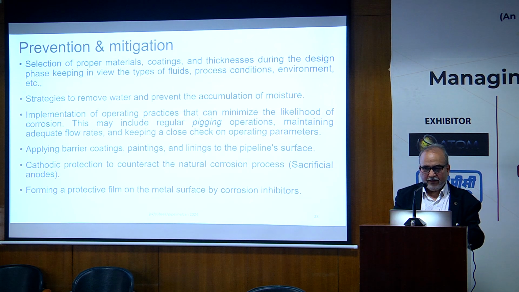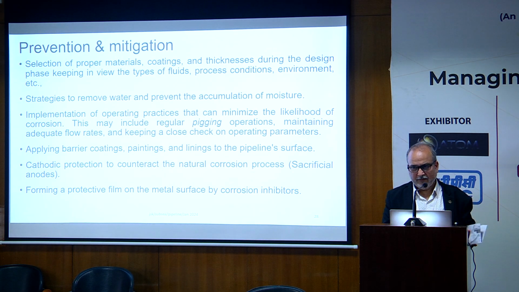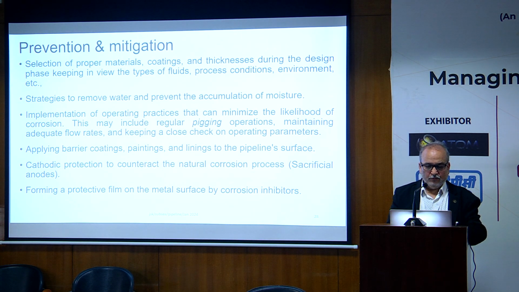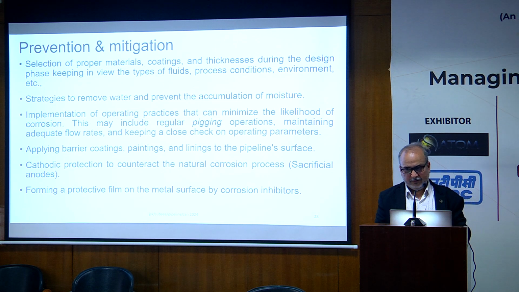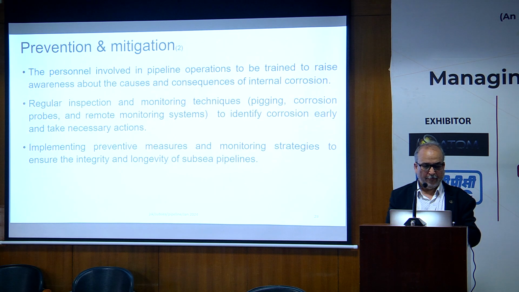Prevention and mitigation programs are more or less on similar lines as for any other application. It goes with proper material selection, strategies to remove water stagnation, and improving operating practices, that is, by pigging and other things, applying barrier coatings, paintings, cathodic protection, and forming protective films with the help of corrosion inhibitors.